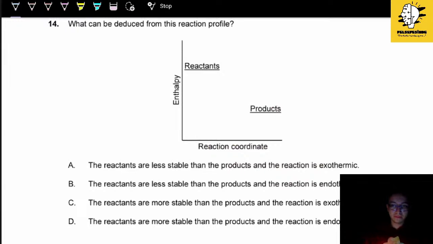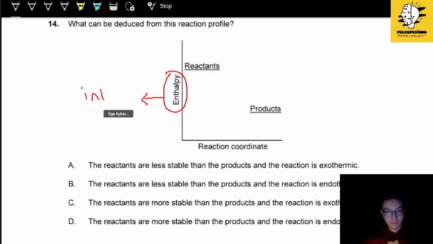Okay, here is the most important thing of this topic 5, energetics part. As we can see, it's saying enthalpy on y-axis. Enthalpy means it is the energy from the vibrations and kinetic energy of molecules, and also potential energy as well. So it is the total internal energy of molecules.